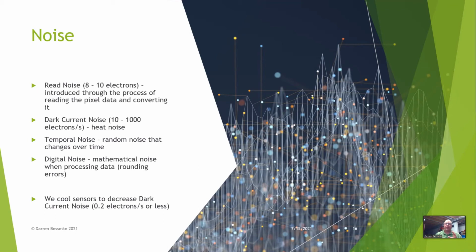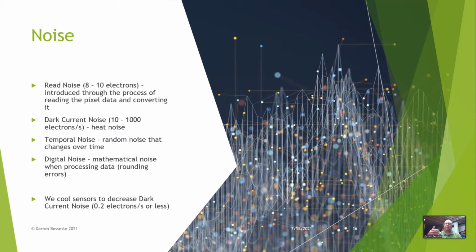And typically it's a low order, we're talking 8 to 10 electrons out of a possible 1,000 to tens of thousands of electrons that are capable of being stored within a pixel. However, it's something that's always there. It's consistent. If you use the same method to read the pixel, that read noise is always going to be there.